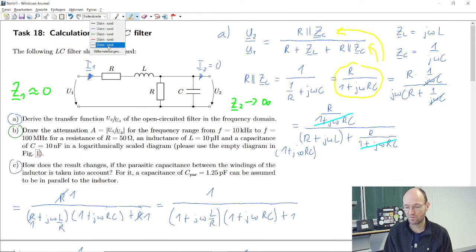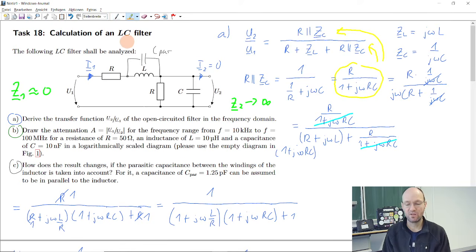Let me draw this capacitance. So we would have some additional parasitic capacitance here.